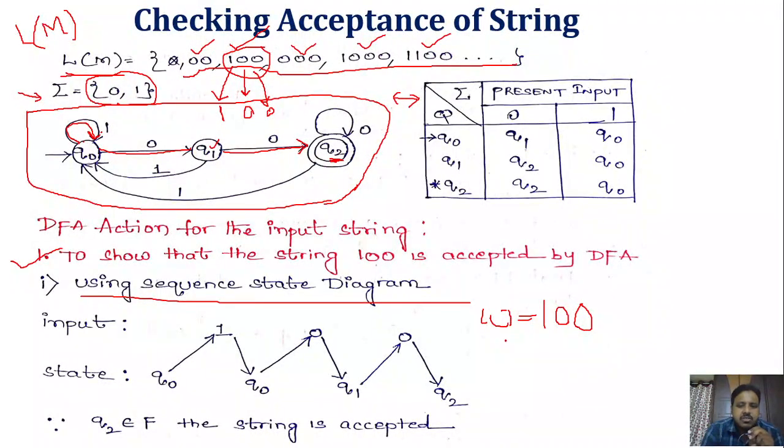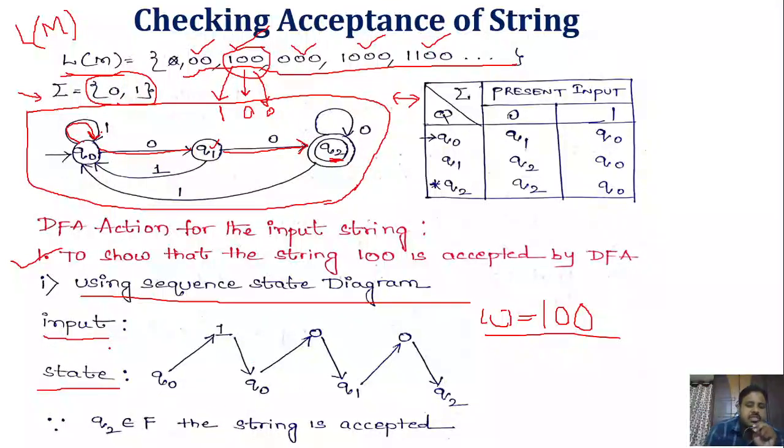By considering the same string, how can we represent its acceptance mathematically? In this representation, we have two parts. The first part is the input, represented in the above row, and the next is the state part, represented in the row below.